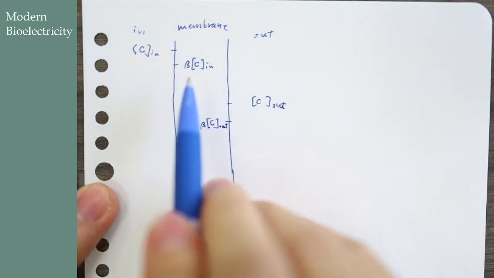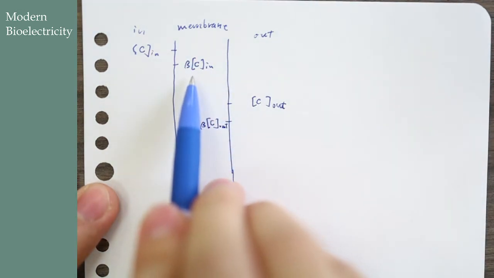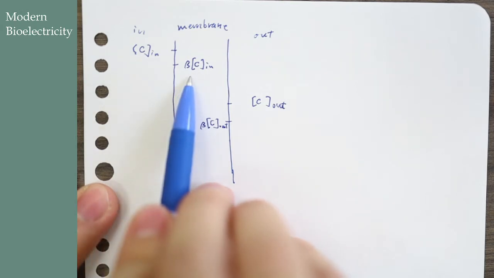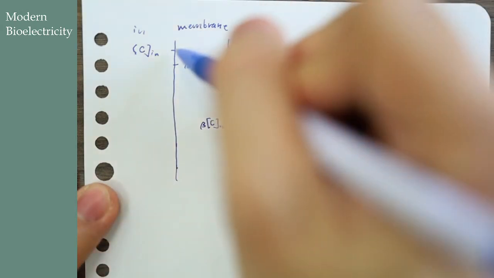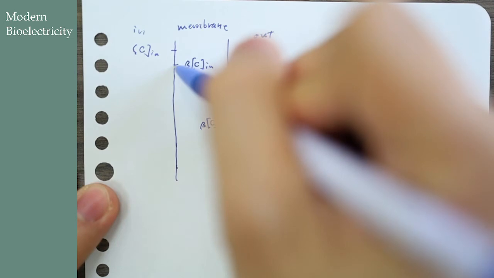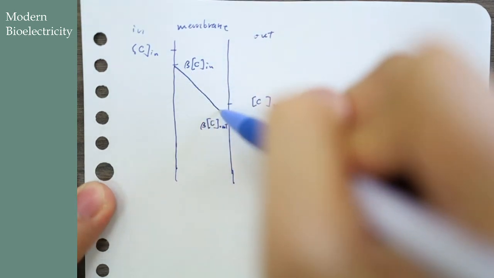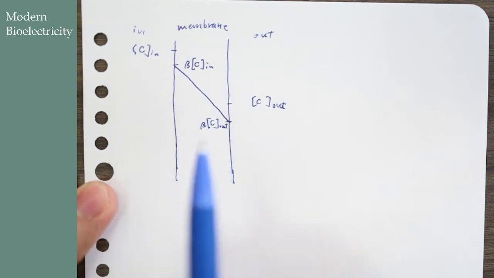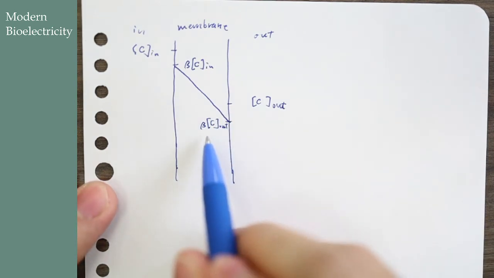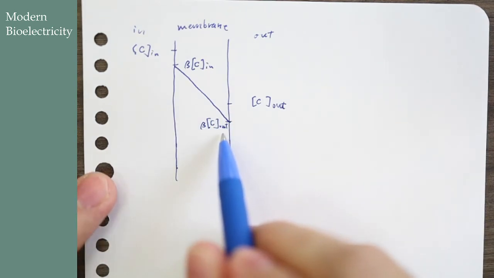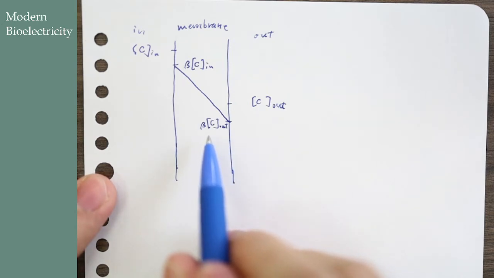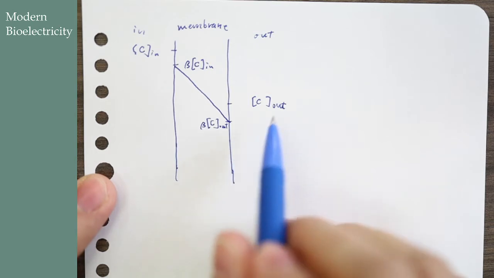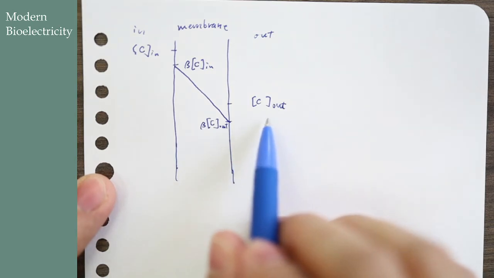So this is the ion inside the lipid bilayer, and this is the ion in the water. When it flows out, you have the gradient of this ion flowing from inside the membrane to the outside, and we have beta C out, which is the ion on the other side of the lipid bilayer, on the outside.